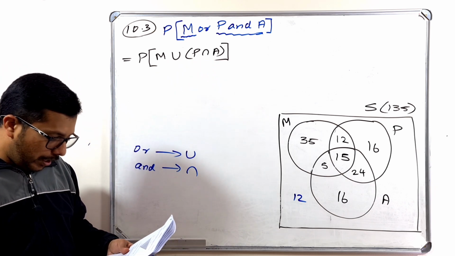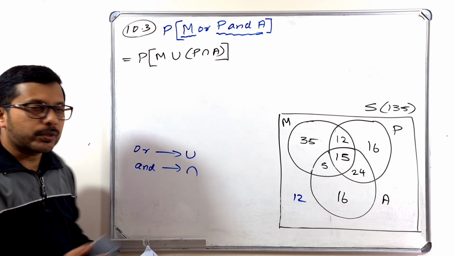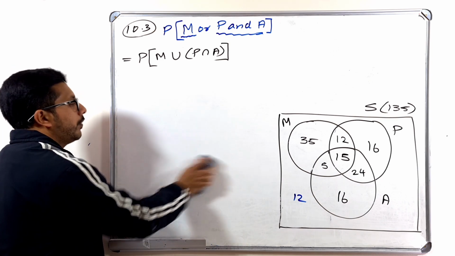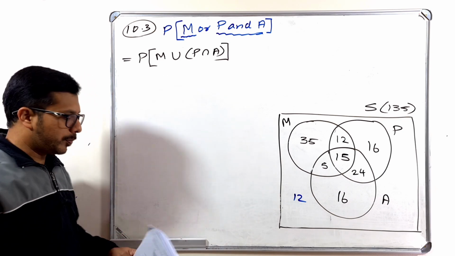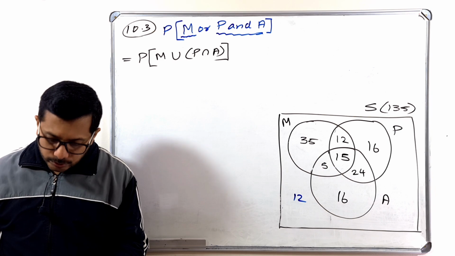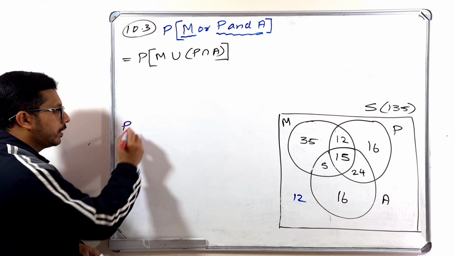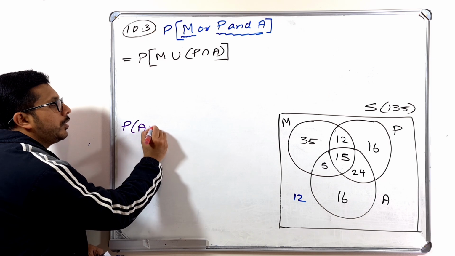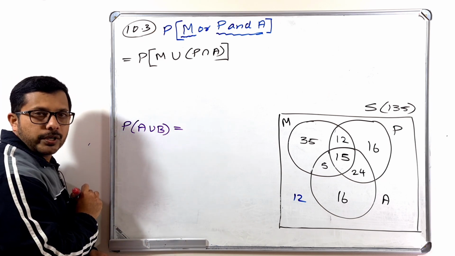Now, in chapter 1, or those who didn't watch that one, please watch the first video. There I explained the addition rule in probability. What is the addition rule? If A and B are two events, then the probability of A union B, you remember this expansion? How can you expand this one?